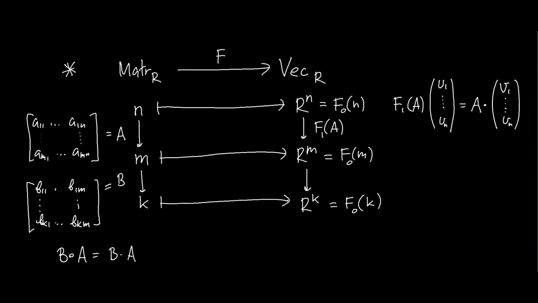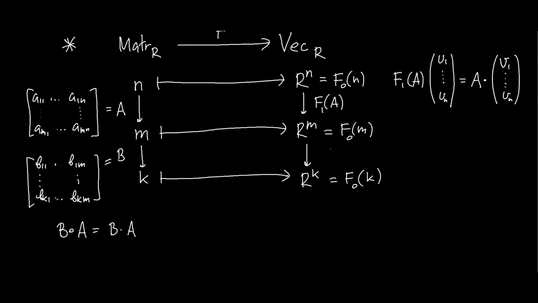A is an m by n matrix, so when I multiply A by that, we will get a column of height m, precisely something that fits as an element here.